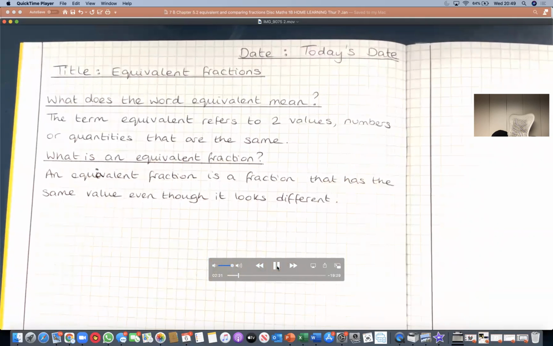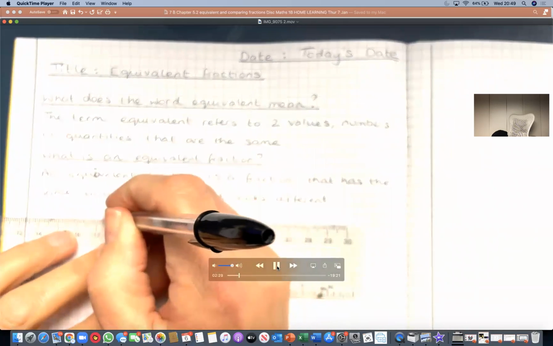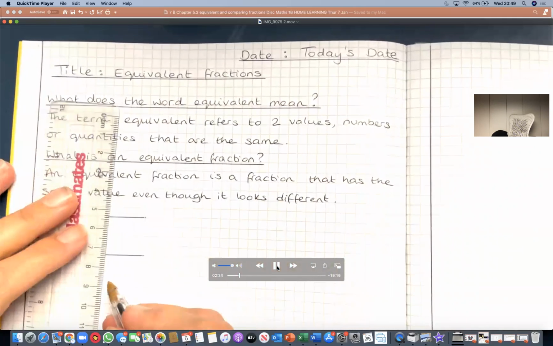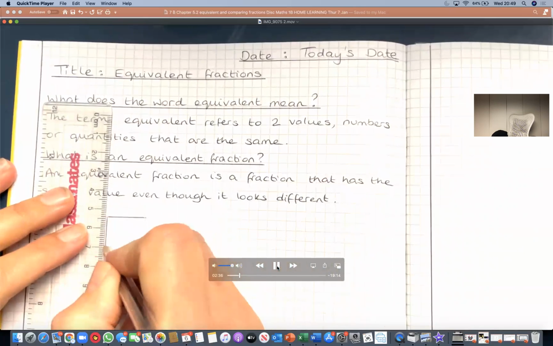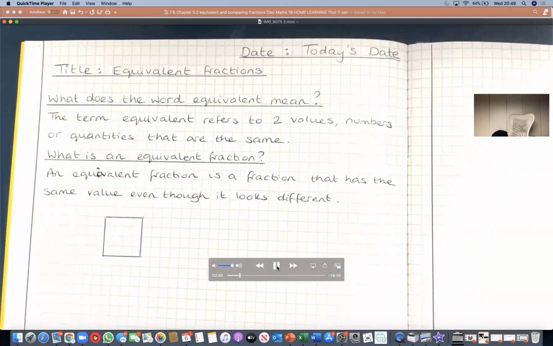Right, okay, so maybe we could have a little look at an example. So let's draw out a quick rectangle. Actually, let's make it a square, doesn't really matter, it's just representative. I'm going to do a 4 by 4 square, okay? That's my whole.